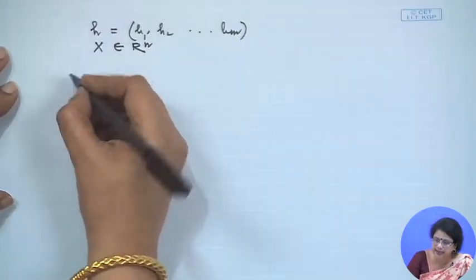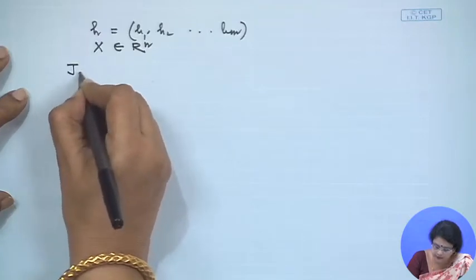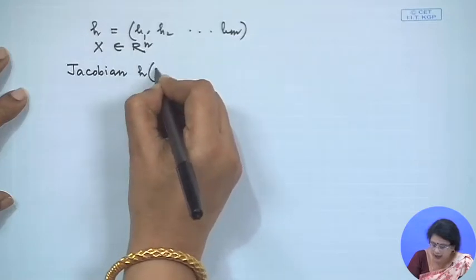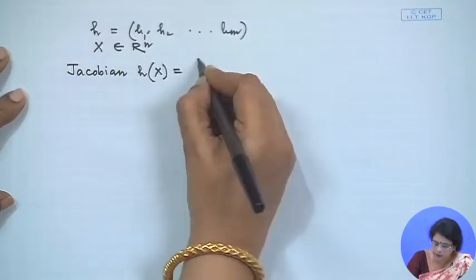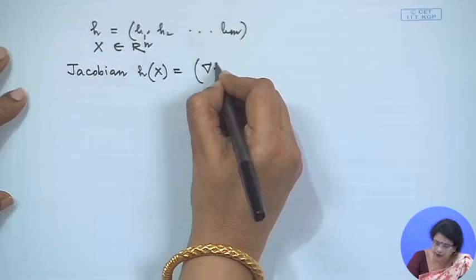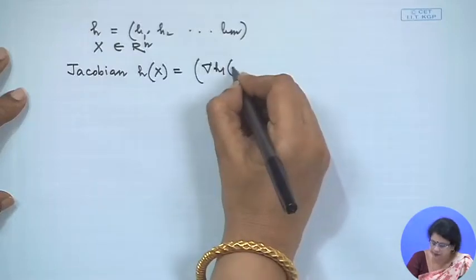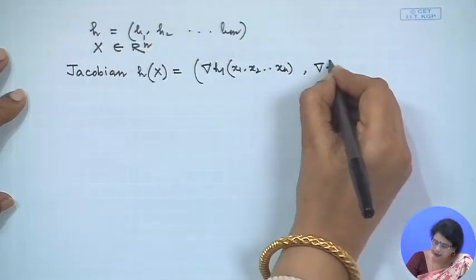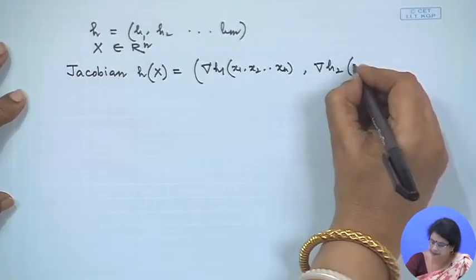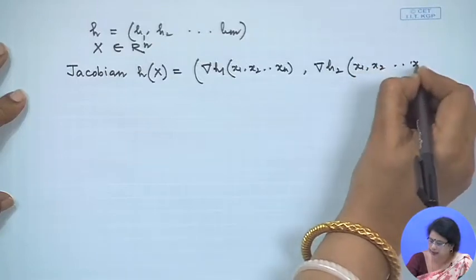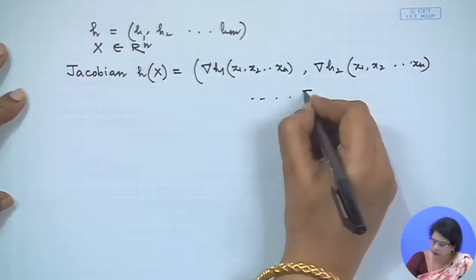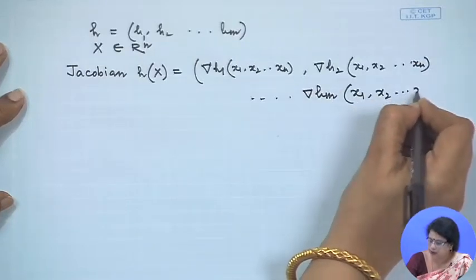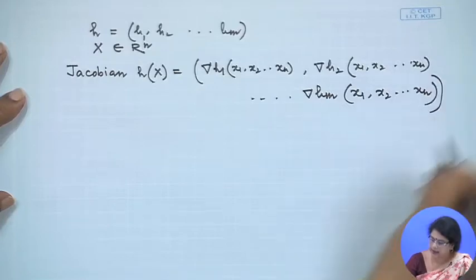Now, if we consider the Jacobian of H(x), this is equal to grad of H1(x1, x2, xn), grad of H2(x1, x2, xn), this is a vector, up to grad of Hm(x1, x2, xn). This is the Jacobian.